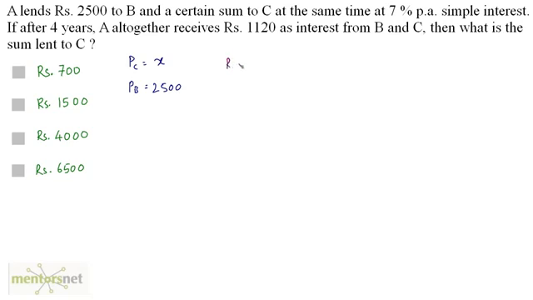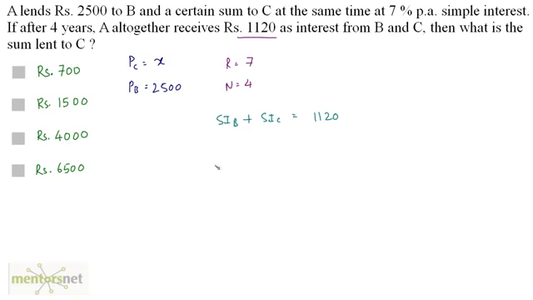And the rate and the time is common for them. So the rate is 7% per annum and the number of years is 4. After 4 years A altogether receives 1120 rupees as interest from B and C. So the simple interest from B plus the simple interest from C is equal to 1120, isn't it?